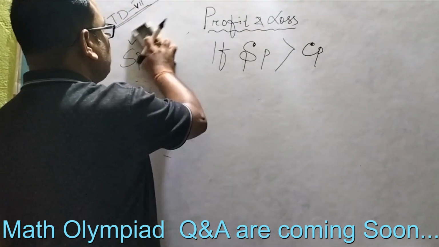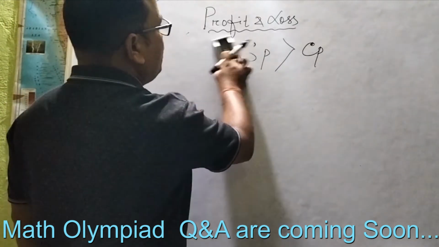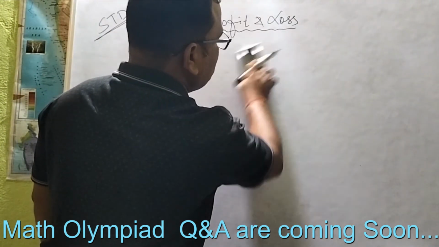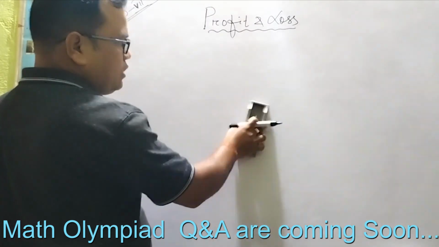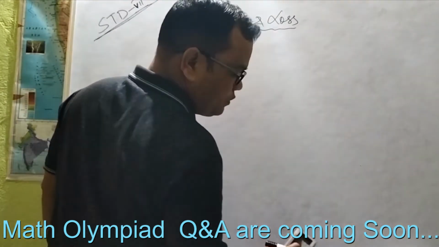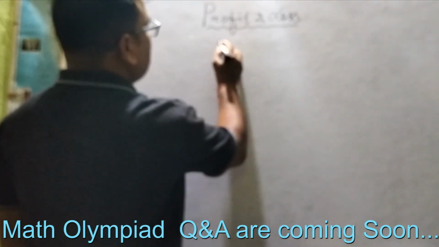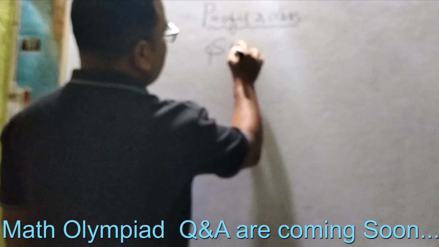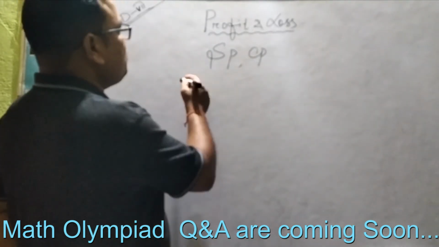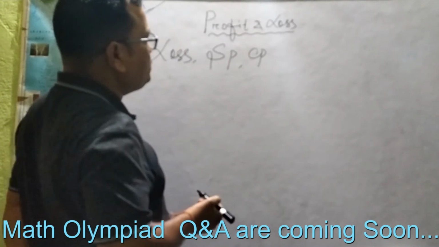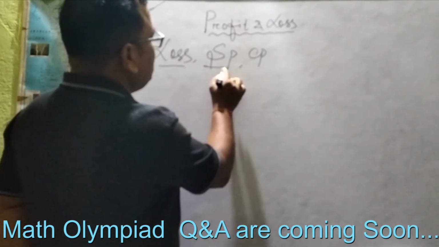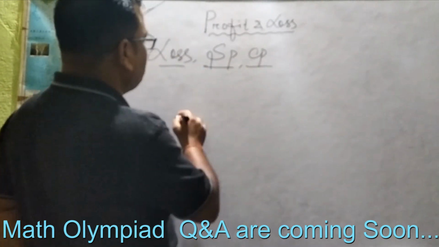Come to the loss section. How does a person experience a loss? Same thing, SP would be there and CP would be there.